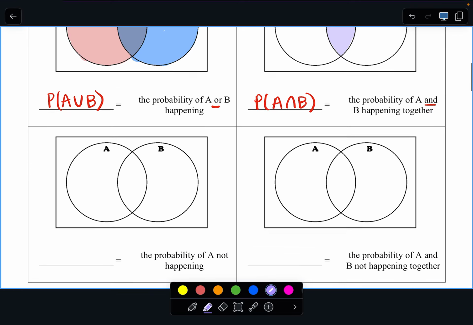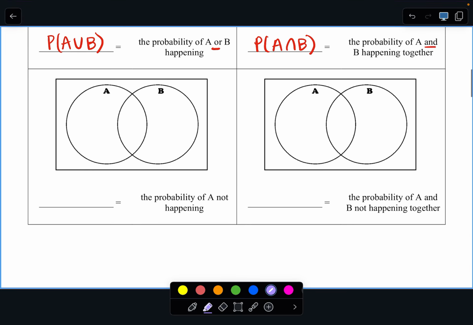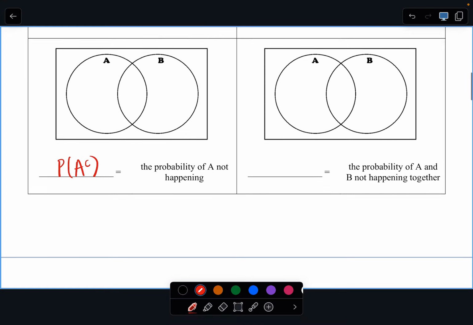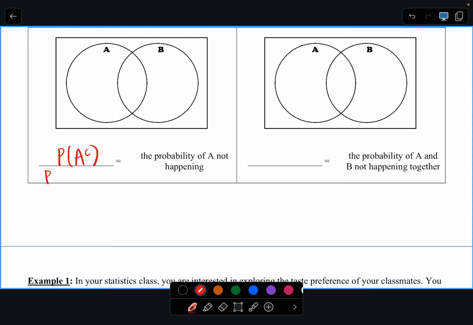So in the case of our third example, the probability of A not happening. There's a couple of ways we can write this. We can write it as A complement with the superscript C, but you can also just use words. I hardly ever use the complement symbol. I just write not A.